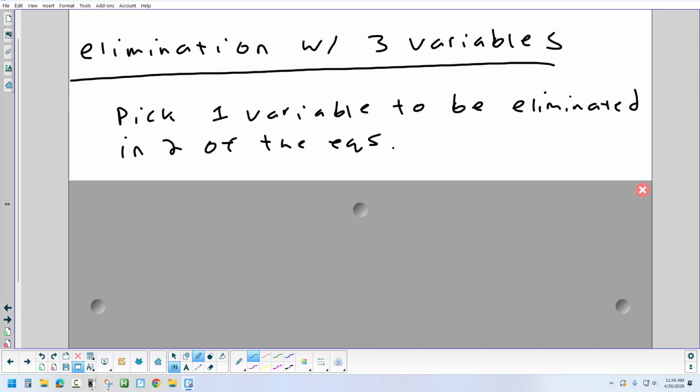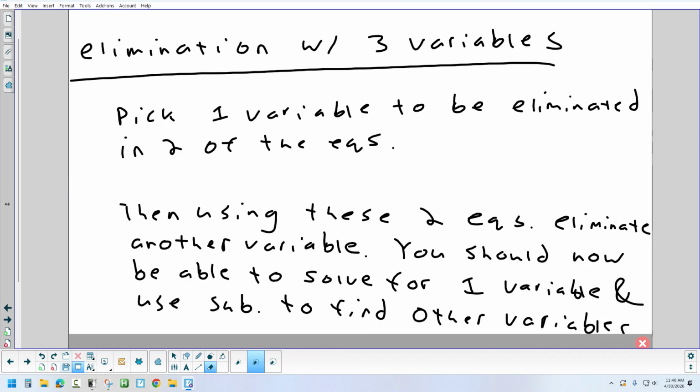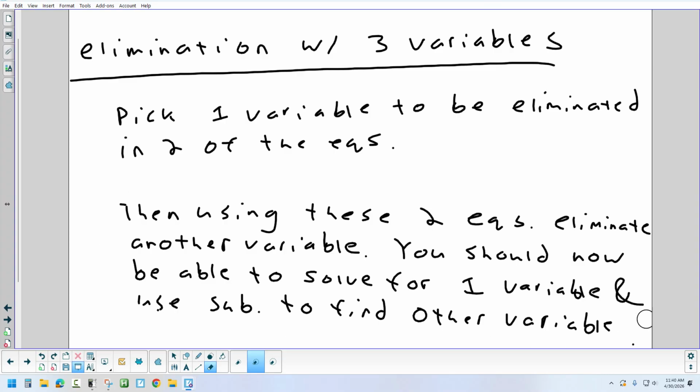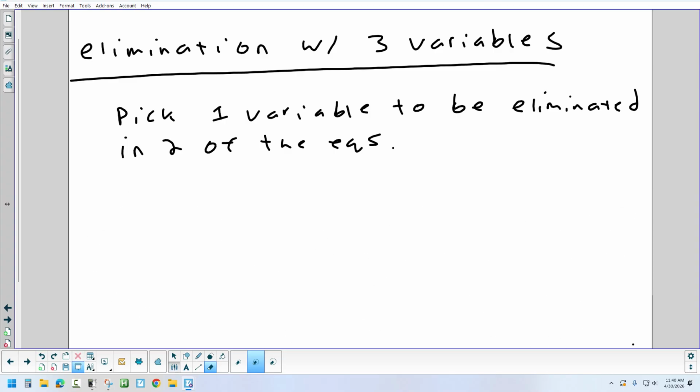So what we do first is you're going to be given 3 equations. You're going to pick one variable to eliminate in 2 of the equations. You can pick any 2 equations you want, and you can pick any variable you want. But you've got to pick 2, and you've got to eliminate 1 variable. Okay, next, you have to pick 2 different equations.